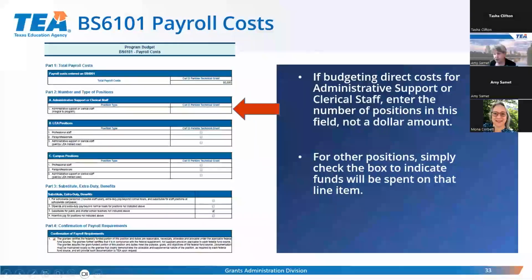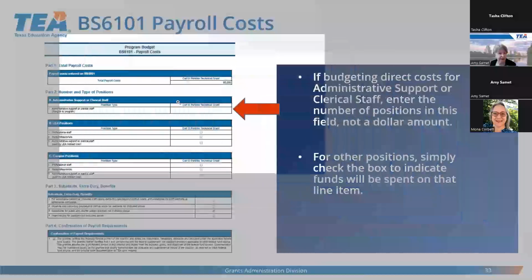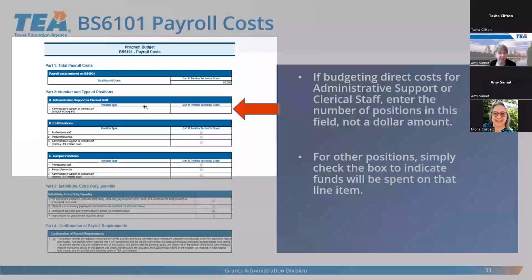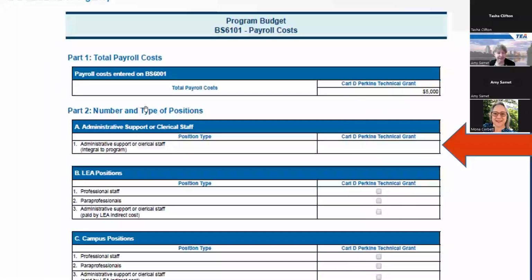I'm going to magnify it so we can see a little bit better. I apologize for the small print. So in part 1, total payroll cost, this is what will auto-populate from the budget summary. This is the amount that you have to work with on this schedule.